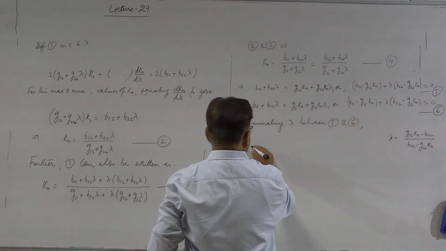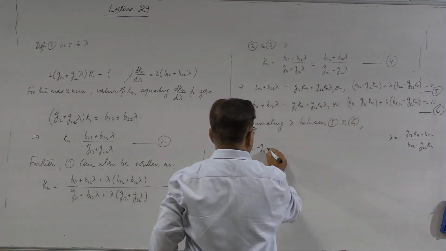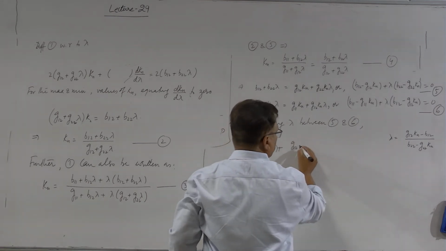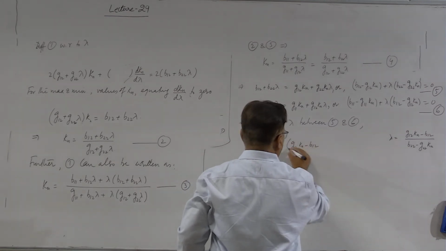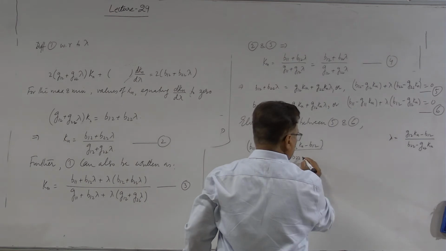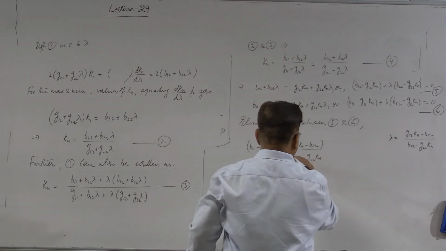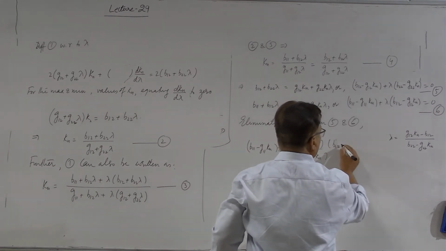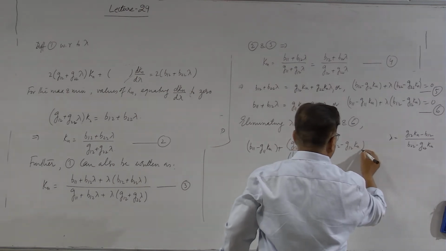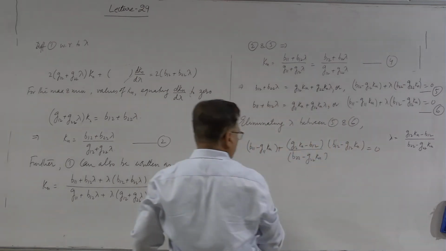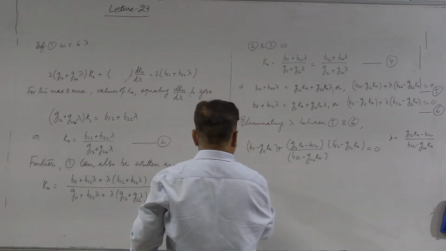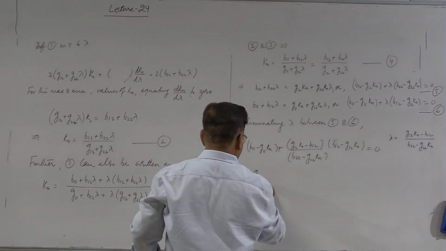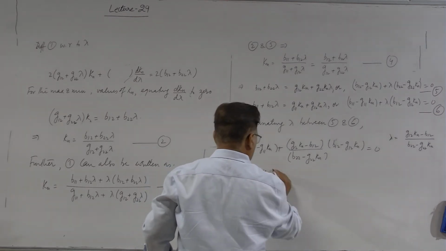So that will give me B11 minus G11 into Kn plus G12 Kn minus B12 upon B22 minus G22 Kn multiplied by B12 minus G12 Kn, equal to 0.